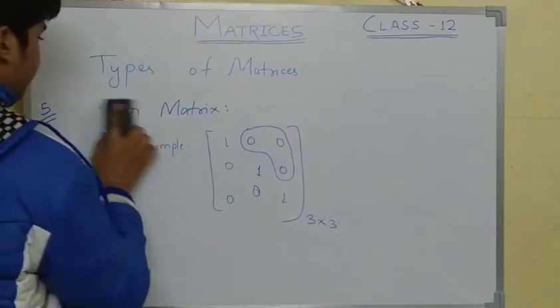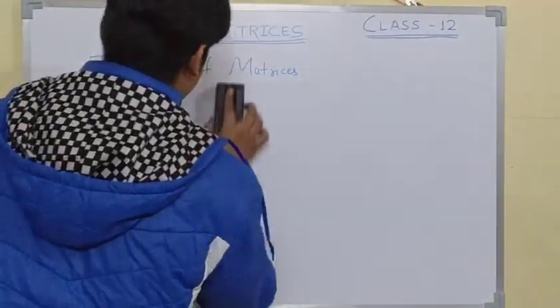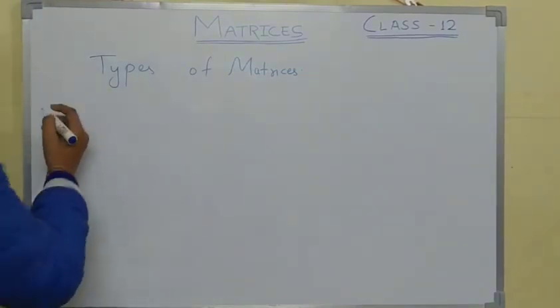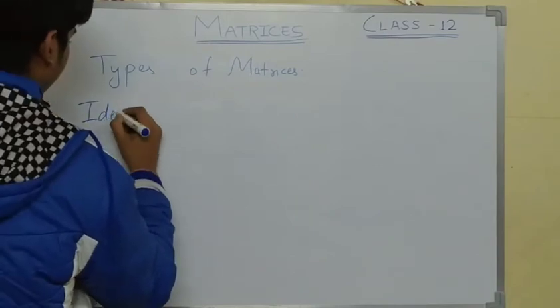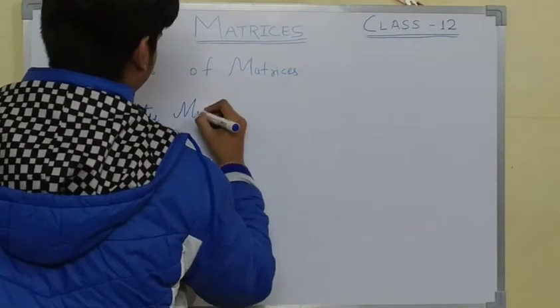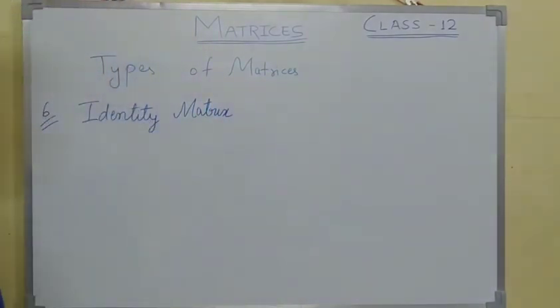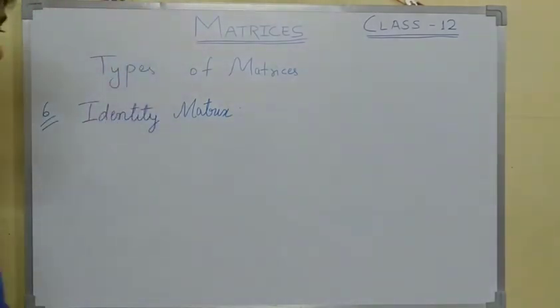Now we will see the sixth type of matrix, that is the identity matrix.